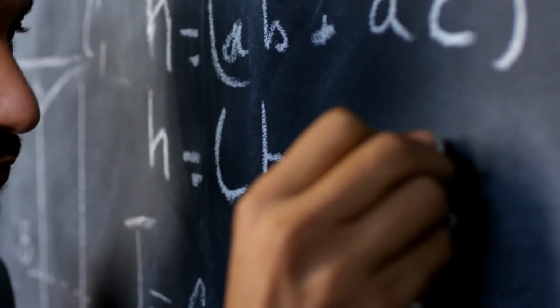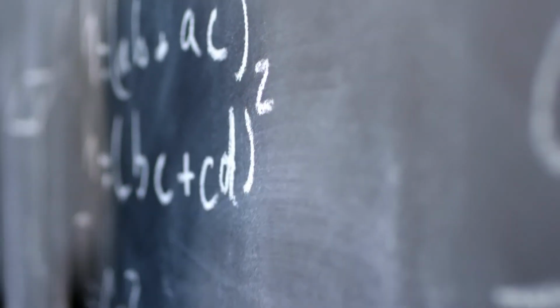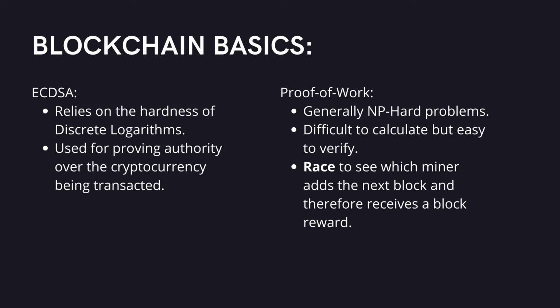The two major elements of blockchain that link to quantum attacks are ECDSA, elliptical curve digital signature algorithm, and proof of work. ECDSA is used to prove authority and ownership of the cryptocurrency being transacted.